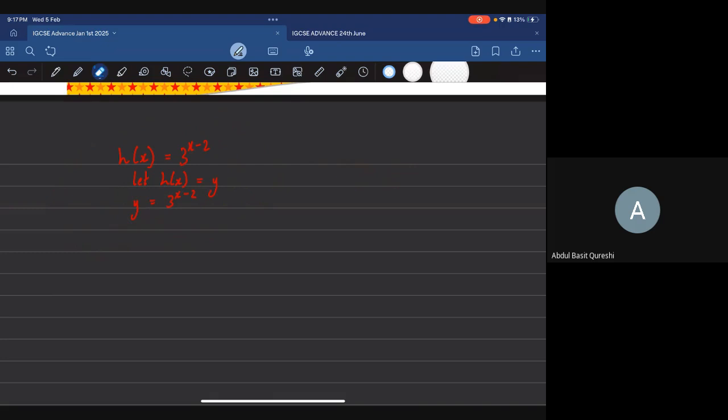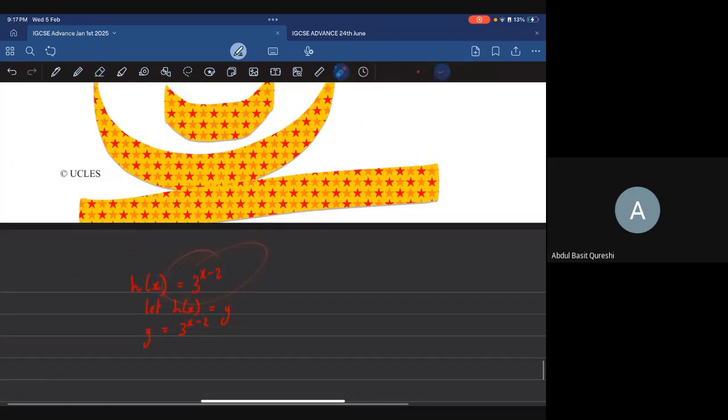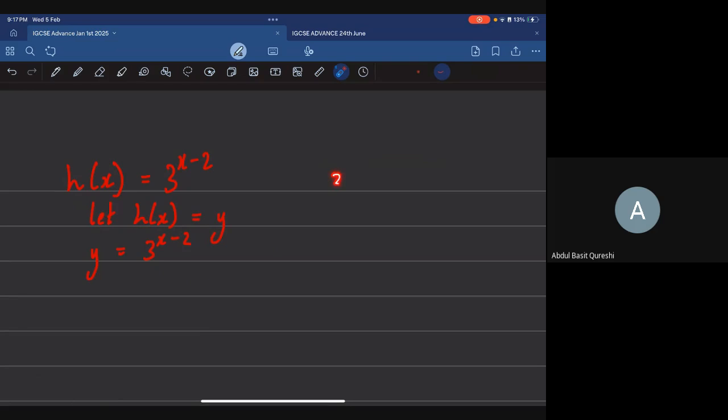You're telling me to divide it by 3 power minus 2. 3 power x divided by 3 power minus 2. Okay, that is smart, Basit. Well done. Yes, that can be the case. Very well done, Basit. I was not thinking of it like that.